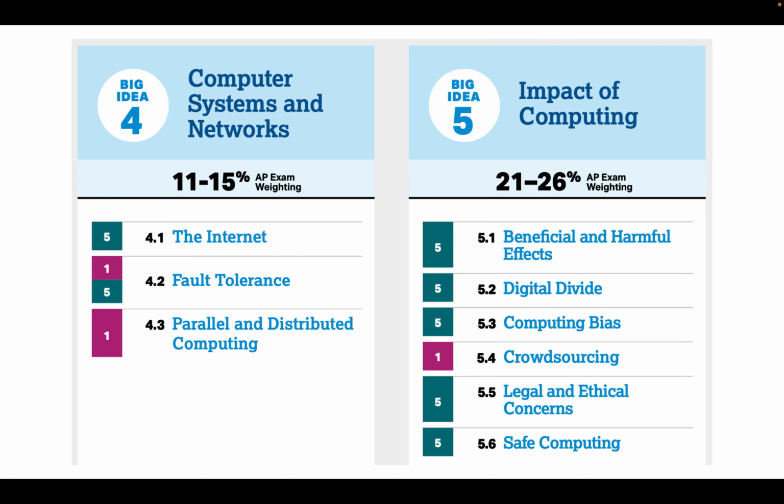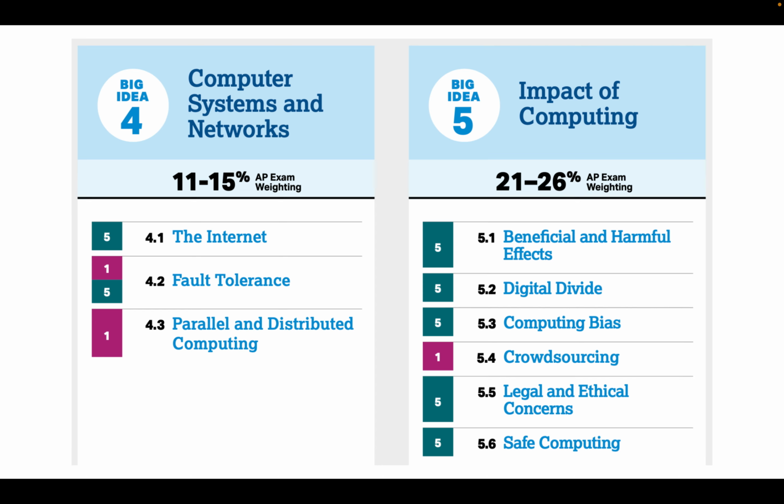Big idea 4 is computer systems and networks. So most of the time in this big idea is spent learning about how the internet was designed and how it works, and especially how it was designed to work even when things go wrong or even when it grows exponentially. Big idea 5 is the impact of computing.